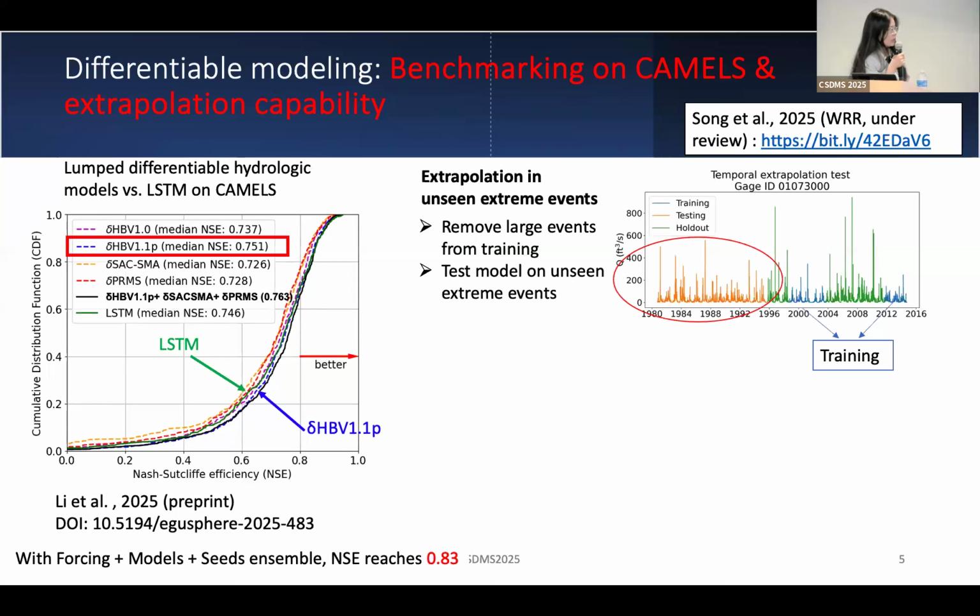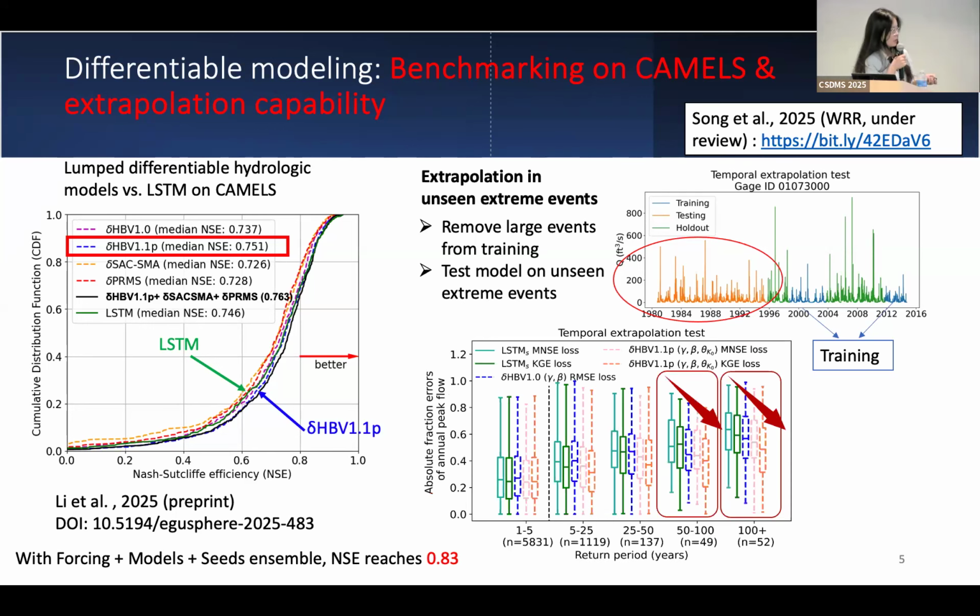In this way, we can show how this model performs in these extrapolation tests. This is a result of the absolute relative error of the annual peak flow. Lower is better. When the return period is smaller, less than 50 years, from 5 to 50, we can see the performance of the LSTM and differentiable models are very close to each other.